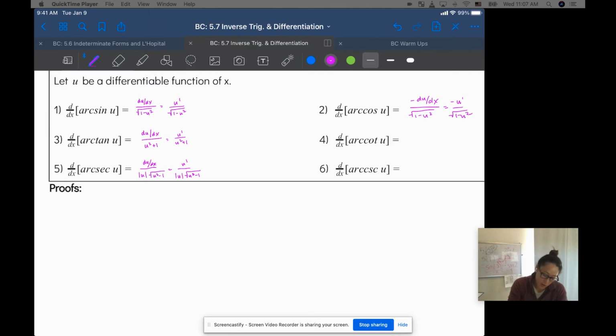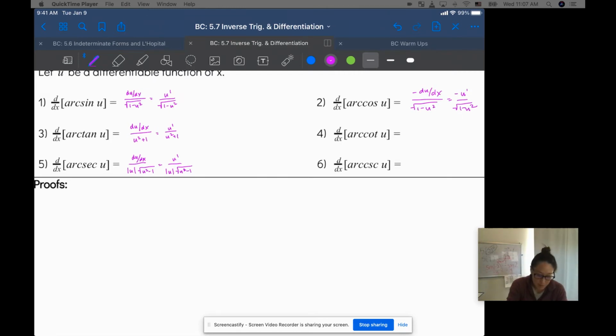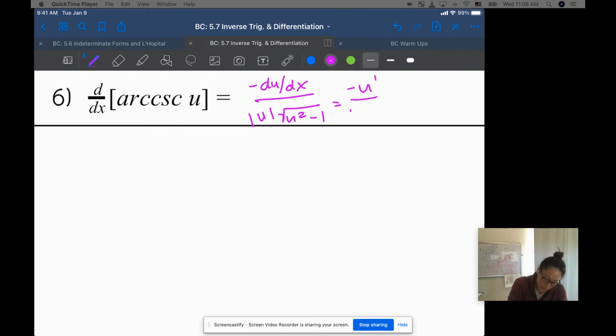The derivative of arc cotangent of u, same, is negative du over dx over u squared plus 1, or negative u prime over u squared plus 1. And then lastly, what do you think happens with arc cosecant? It's the negative of arc secant. So negative du over dx over the absolute value of u times the square root of u squared minus 1, or negative u prime over the absolute value of u times the square root of u squared minus 1.